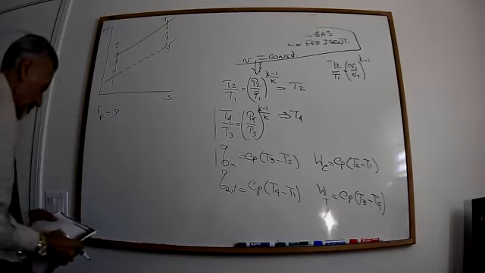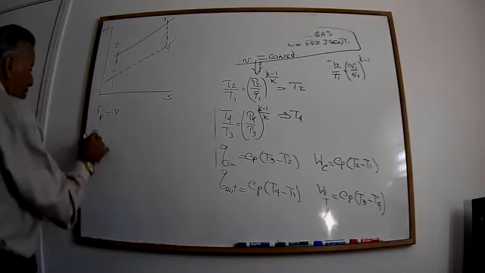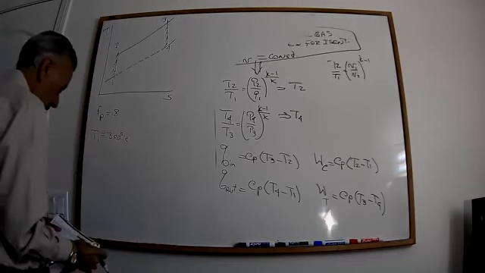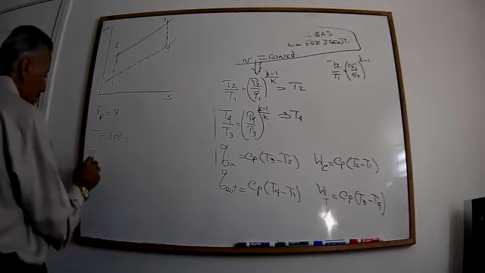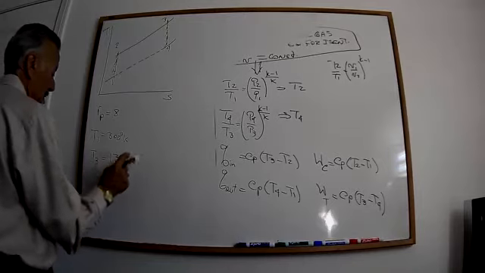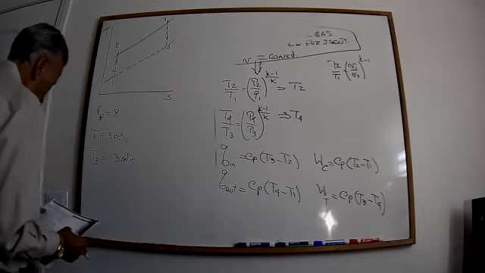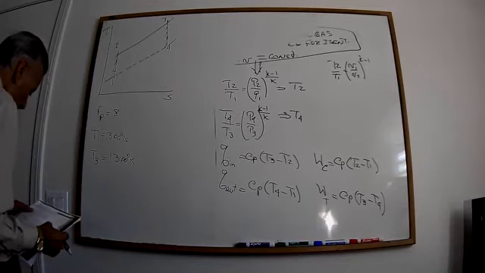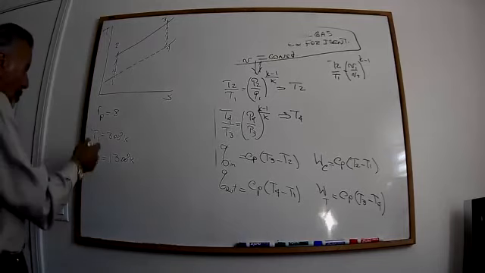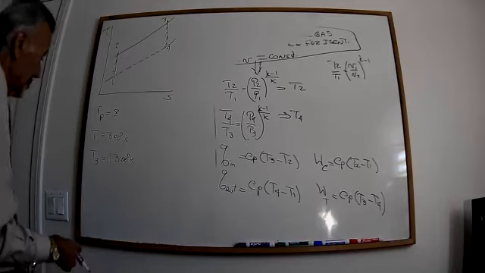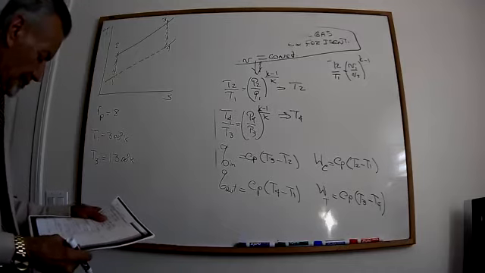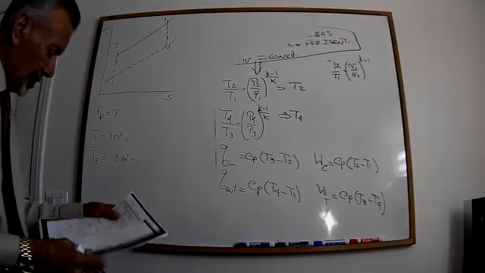The pressure ratio is 8. Temperature at the beginning of the compressor is 300 degrees Kelvin. Temperature after the heat addition is 1300 degrees Kelvin. So now we want to find the thermal efficiency and also the backwork ratio.